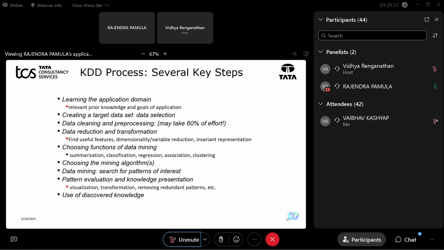So these are the several key steps involved in the KDD process. I don't want to read them out. What is important is the process, and then we use this process for a specific understanding.